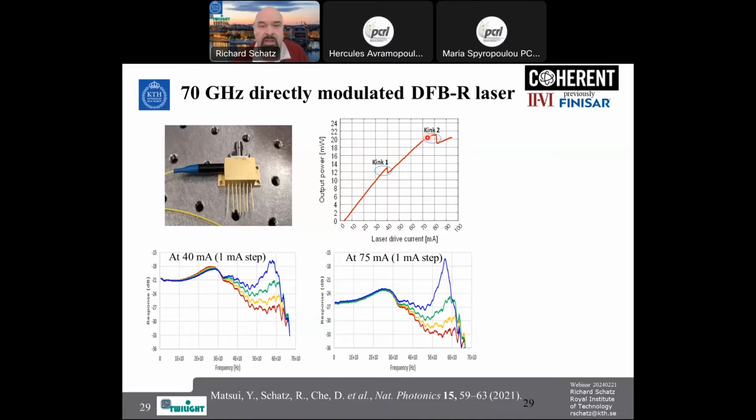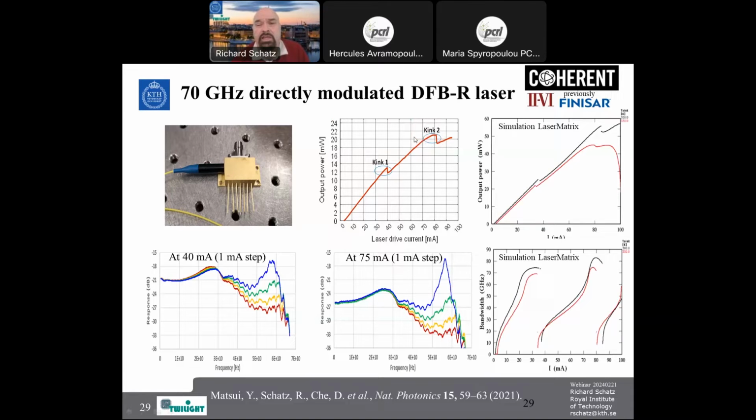So you see, you need to bias the laser very accurately. This means that it is also very sensitive to temperature changes and so on. So that means it's not, as it is right now, commercially interesting, because especially for DMLs, you want them to be temperature insensitive.